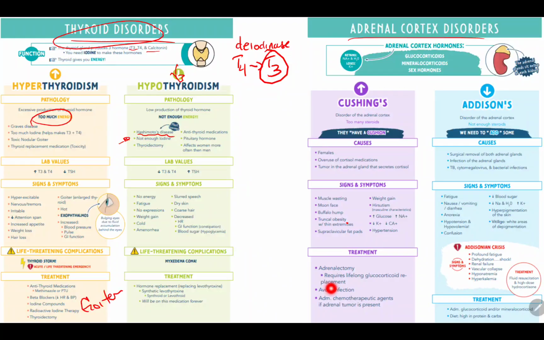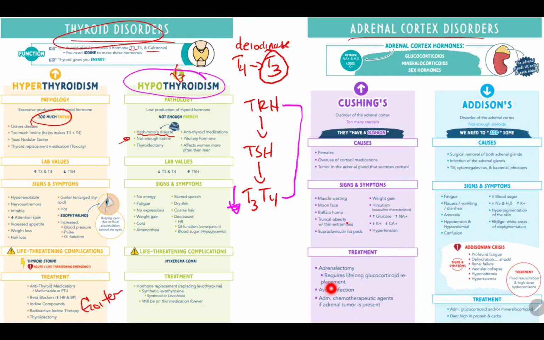so your hypothalamus is stimulating the anterior pituitary to then stimulate the thyroid gland. Remember, TRH goes down to stimulate TSH production. TSH production stimulates T3 and T4. But if you're having low T3 and T4, which is characterized by hypothyroidism, this feedback loop is going to go up to stimulate the hypothalamus and the pituitary gland.